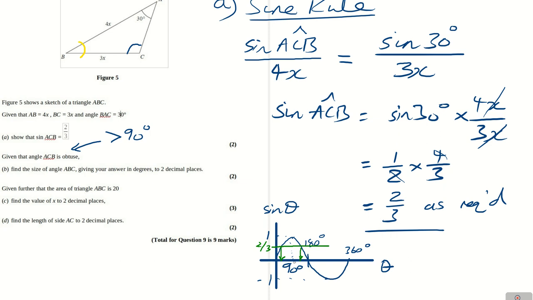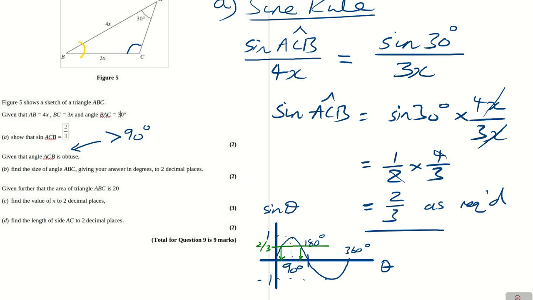One of those angles is going to be less than 90, or acute, and the other one is going to be greater than 90, in other words, obtuse. So what we're going to have to do is work out first of all what angle ACB is.